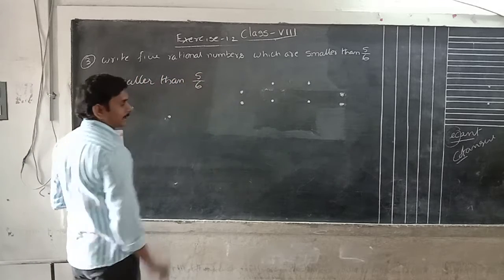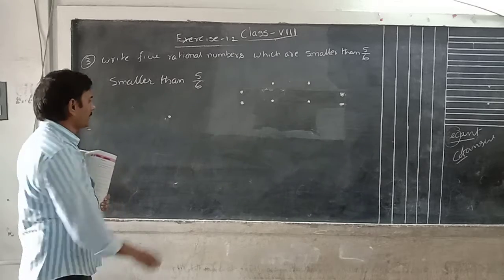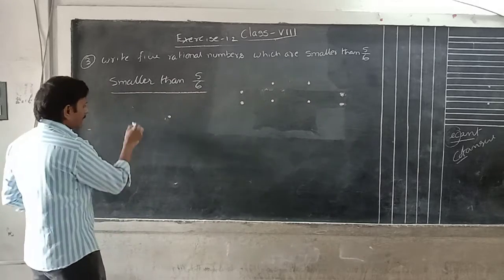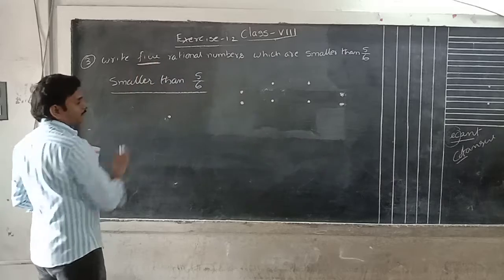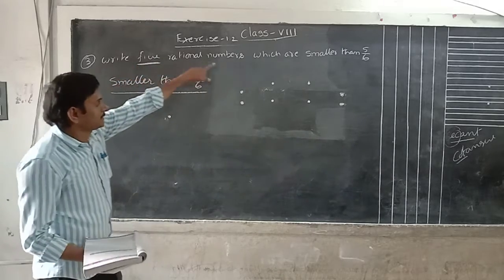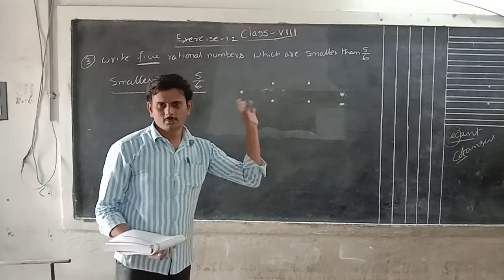Smaller than 5 by 6 we have to write. That means how many rational numbers do we have to write? 5. Write 5 rational numbers which are smaller than 5 by 6. This is a very easy question.